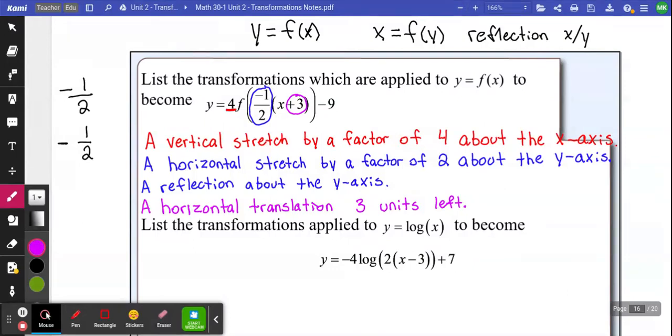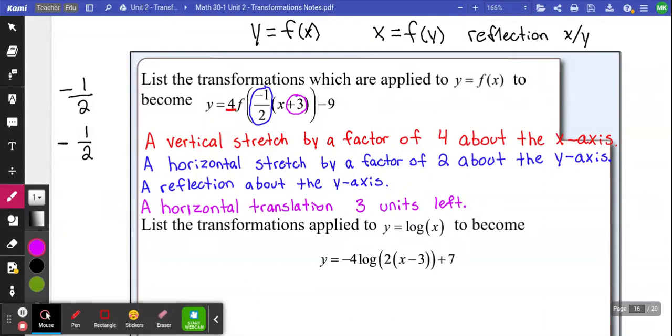Can you say 3 units about the y-axis? No, it left. I see what you're saying, but by saying about the y-axis, about is like getting away from. I don't think it would work, because even then, if I said 3 units, are you getting closer to or further away from the y-axis?